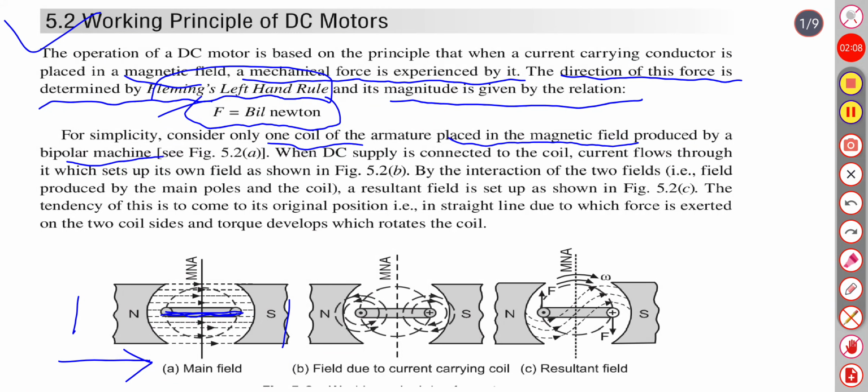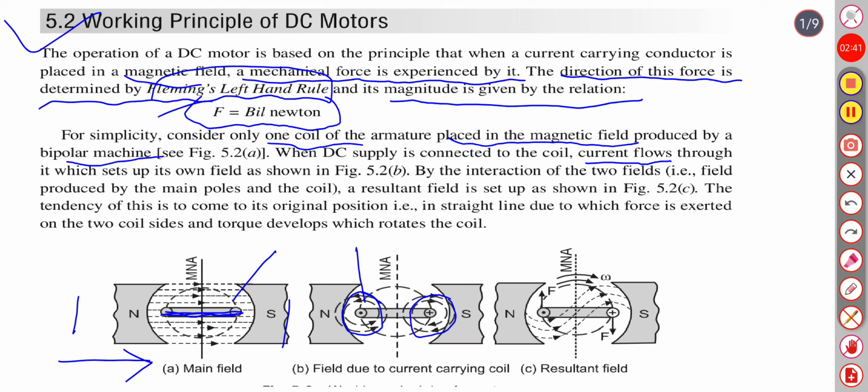When DC supply is connected to the coil, current flows through it, which sets up its own field. Now, when we supply this conductor, it will produce a magnetic field, and there is an interaction of two fields: one field of these poles and the other field created by the conductor.